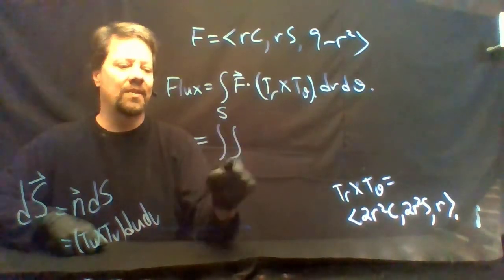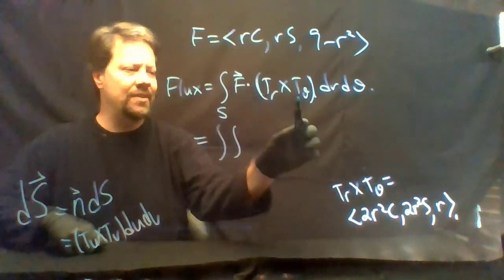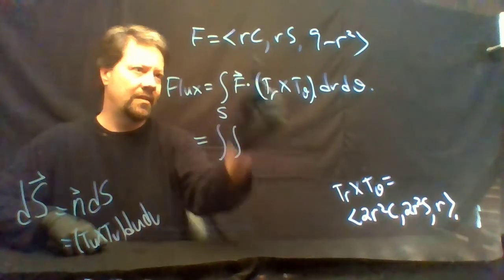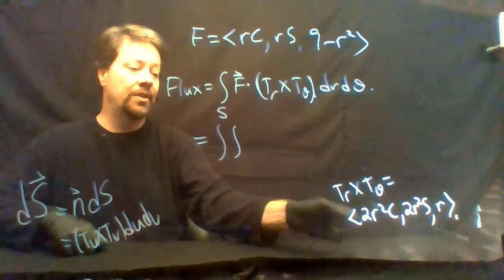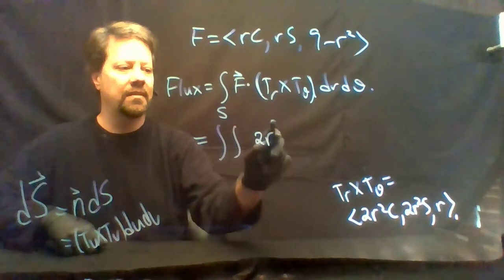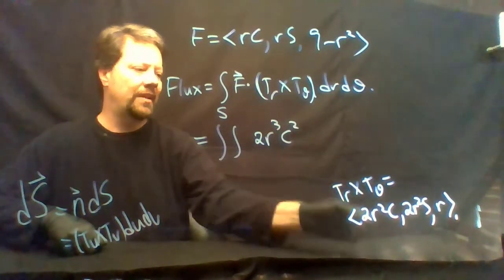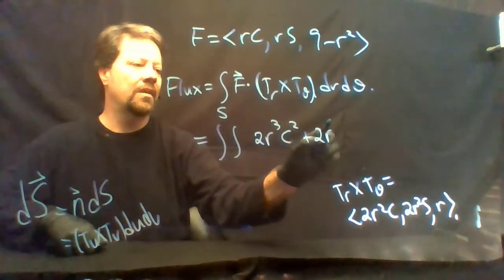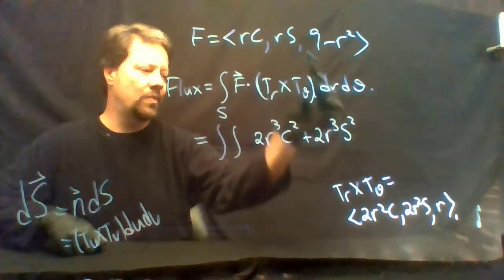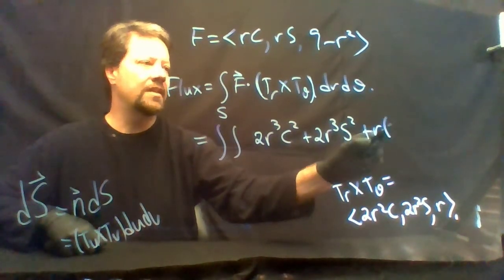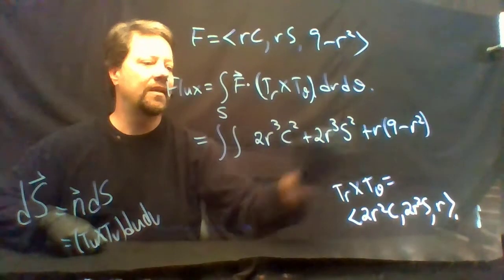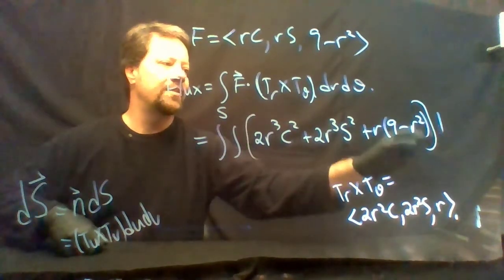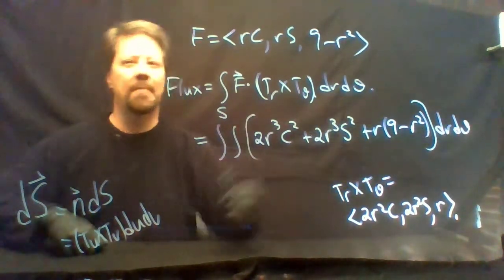So in this case, we're integrating. When we do the dot product, it's going to be 2r cubed cosine squared plus 2r cubed sine squared plus r times 9 minus r squared, all times dr d theta.